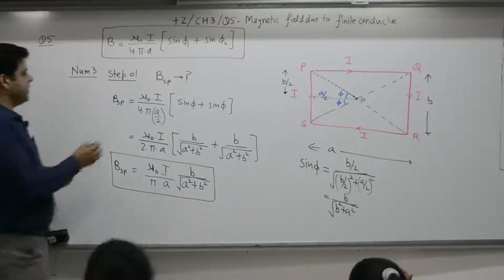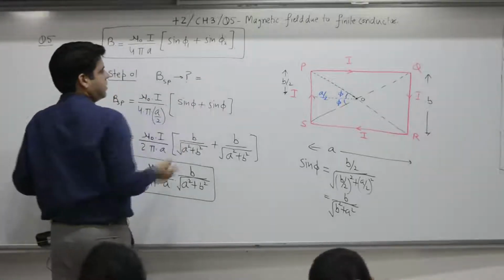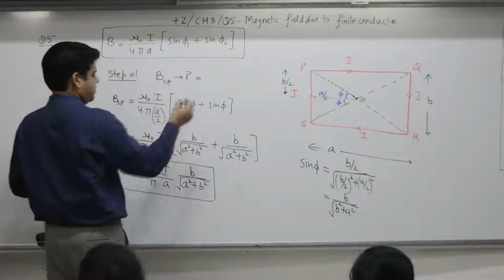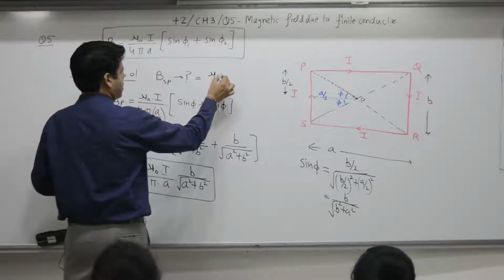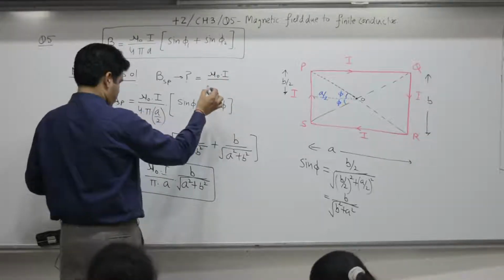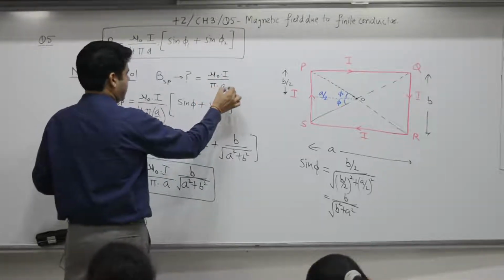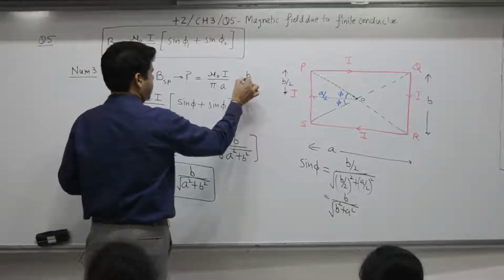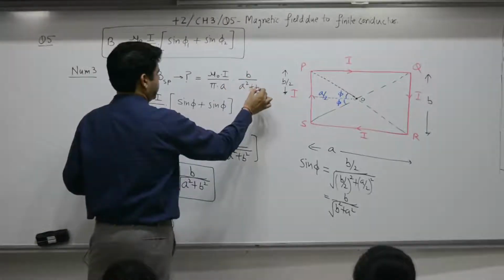So due to SP, the answer is nu naught I over pi a b over a square plus b square.